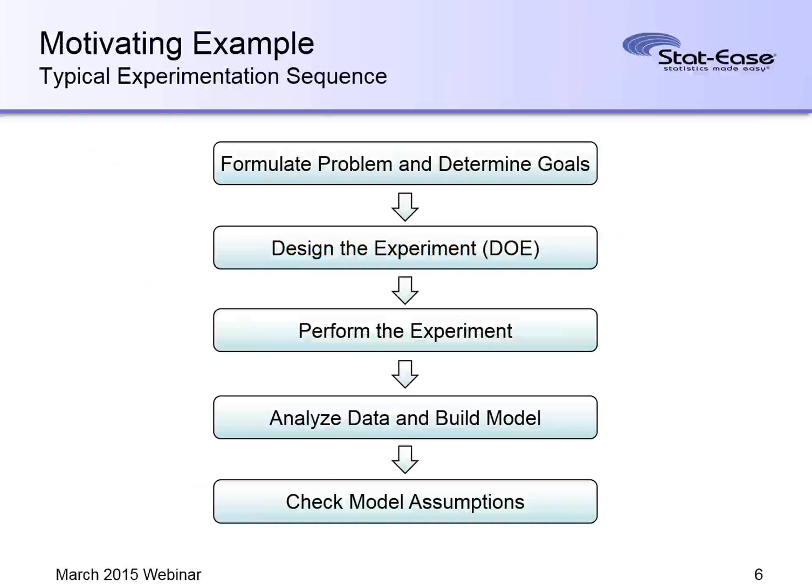When we say determine goals, usually the goals try to be numerical goals. For example, saying something like, we want to improve our process, we want to improve the drug, is usually not quite as informative as saying something like, we want to maximize a response. We want to reduce the time it takes to run the process by 10%. We want to increase the results by 3%, and so on.